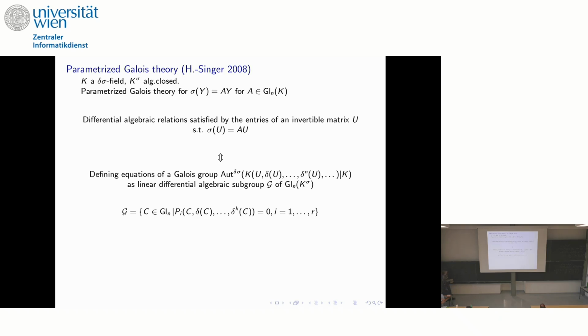Okay? Solutions of this equation, we all know that solutions of a linear differential equation form a vector space, so it's an additive group. And so if you want to look at their points, well, you will see that it's like that, okay? So, if you want, you can think of this differential algebraic group just in terms of its defining equations.